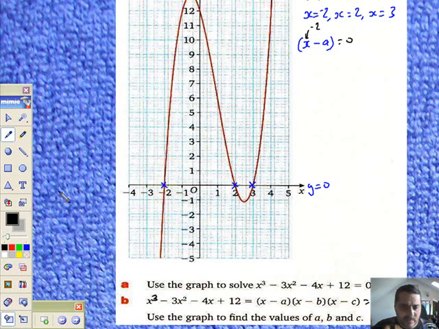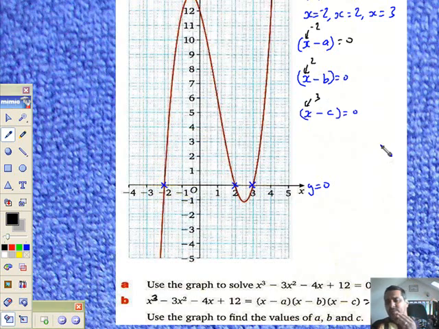We'll solve that in a minute. We'll take the next one, x minus b to be 0, and this time we'll take x to be 2, so we're going to plant a 2 in there, and the next one's going to be x minus c equals 0. We'll take c to be 3, so plant a 3 in there. We've got some little equations, haven't we? And I'll work them out here on the side in a moment.